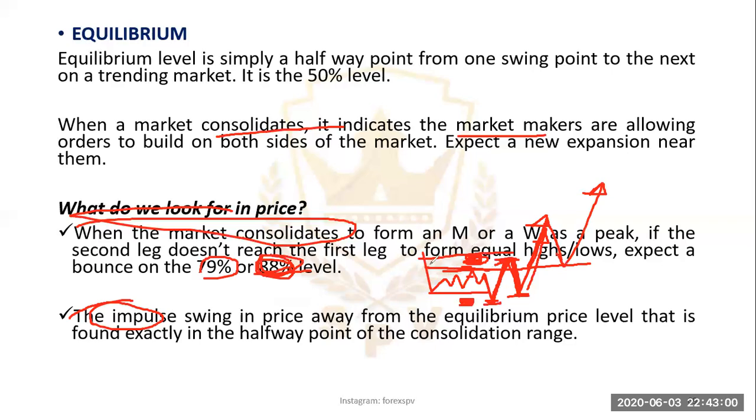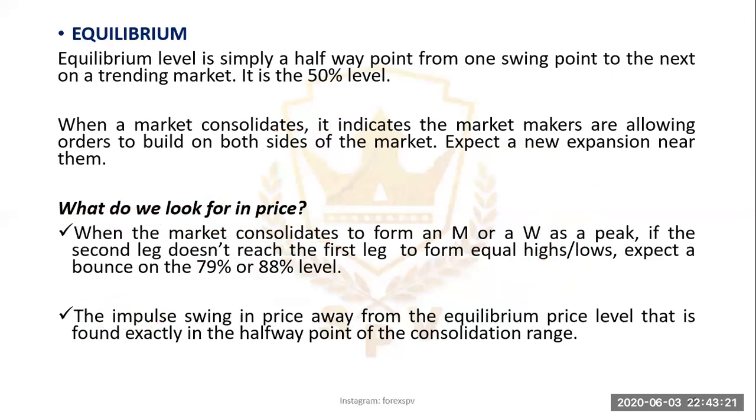The equilibrium level will be the halfway of this consolidation range. So I expect price to come and retest the halfway point of this consolidation range. So the impulse swing and price away from the equilibrium price level, that is found exactly in the halfway point of the consolidation range.